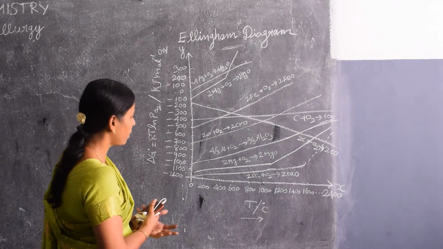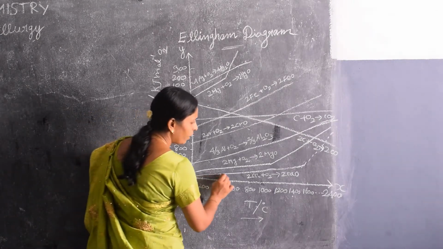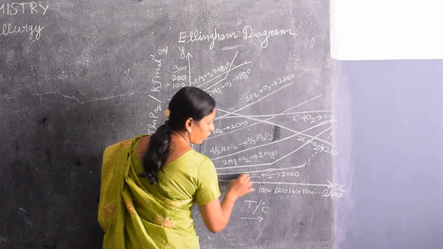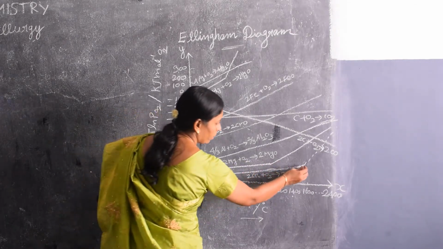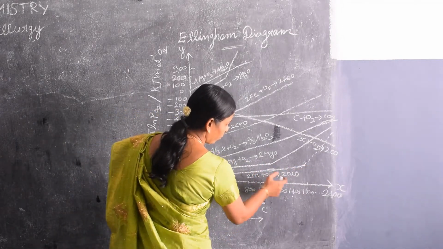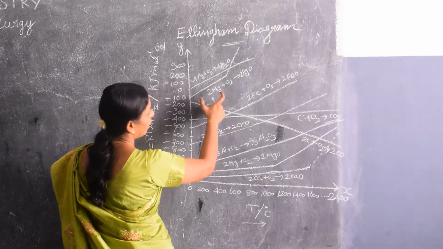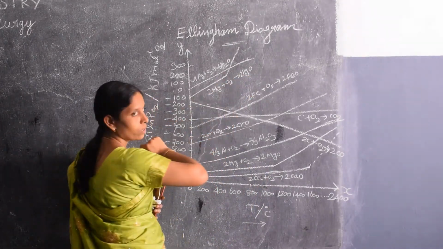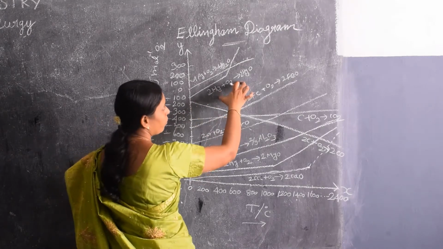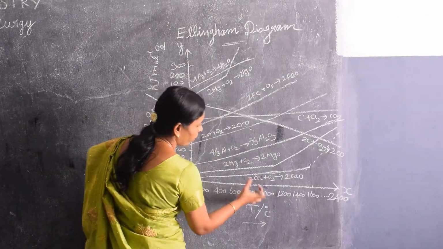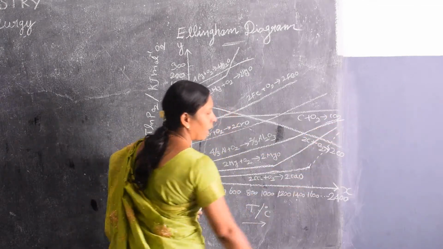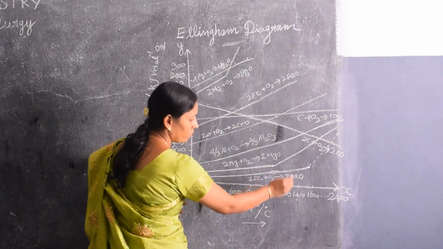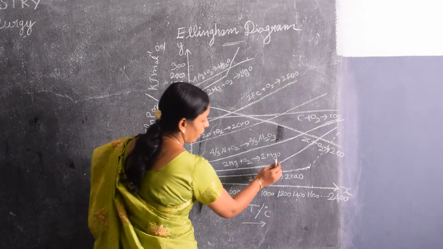And then there is a sudden change in the line. For the formation of metal oxides, such as calcium oxide, magnesium oxide and mercury oxide, the line goes straight and then suddenly there is a sudden change. Why does it happen?